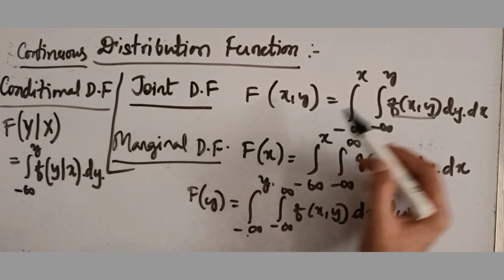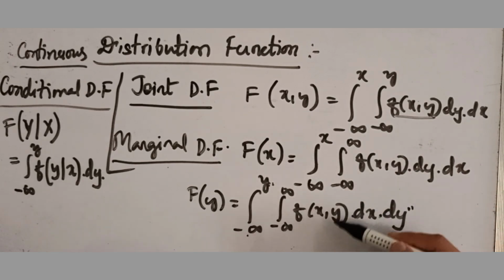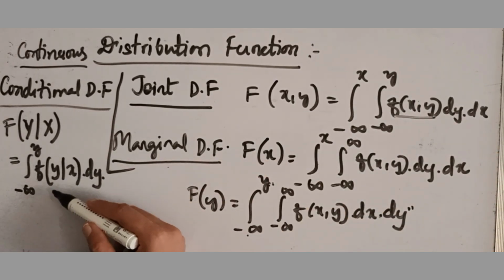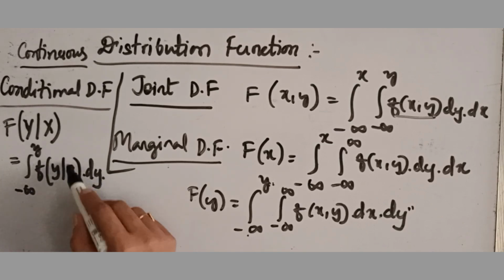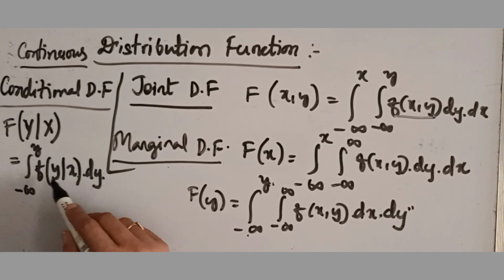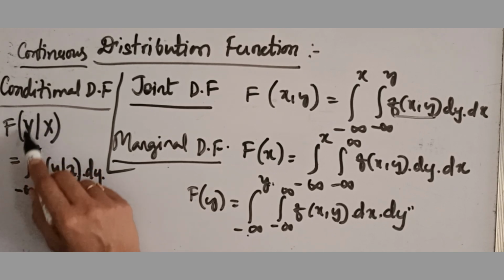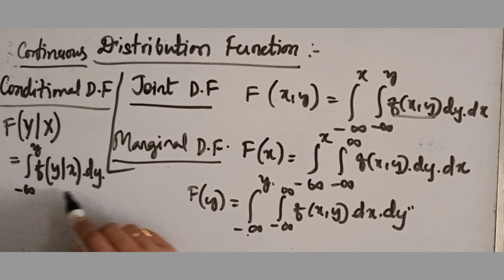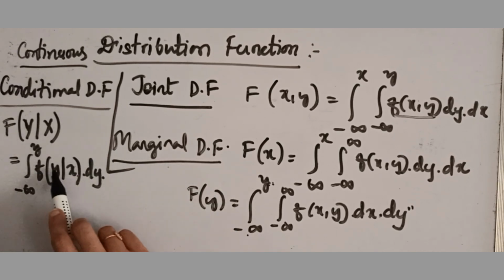Here I have used the joint probability density function in these two cases, but here I am using the conditional probability density function, that is f of y given that x. This function I am using because x equal to x is fixed and the integral is over y from minus infinity to y. That's why you will get a single integral here, not double integration. Here it is single integration.